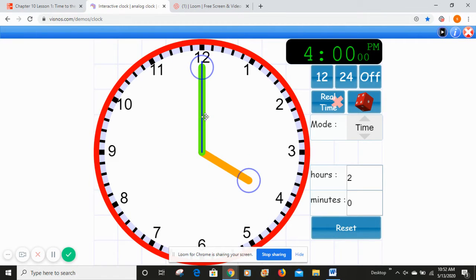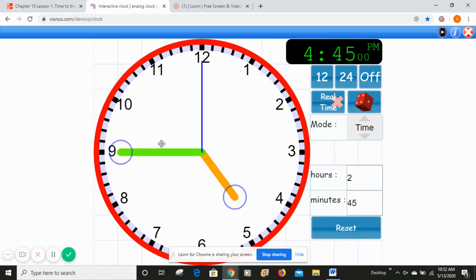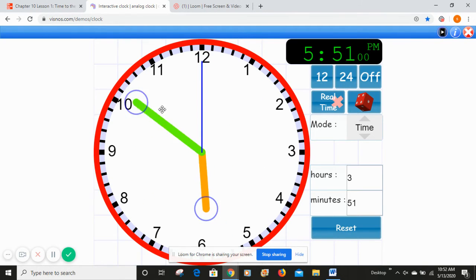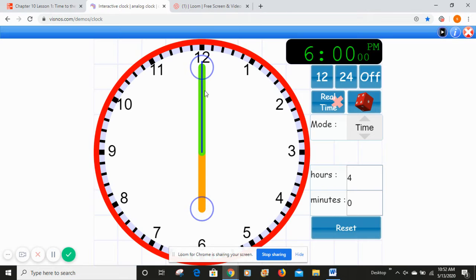There's 2 hours. There's 3 hours. So 3 hours after 2 would be 5. And if we go 1 more hour, the analog clock says it's pointing to 6, and our digital clock over here also says 6.